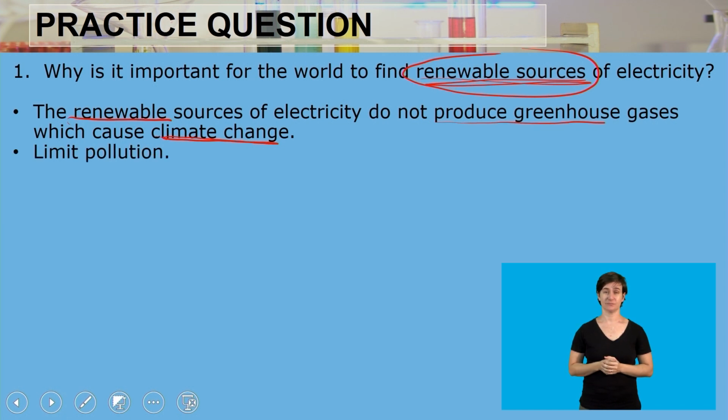Furthermore, when we are using coal, there is a lot of pollution that is going to be caused. As we have said, carbon dioxide is a greenhouse gas which can cause global warming.